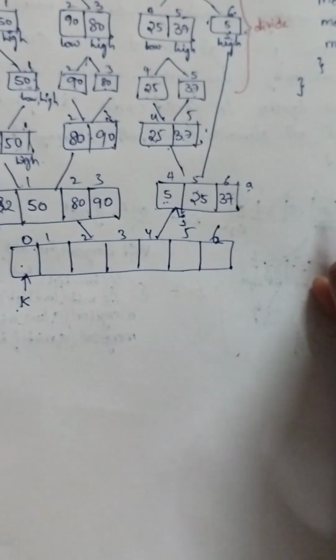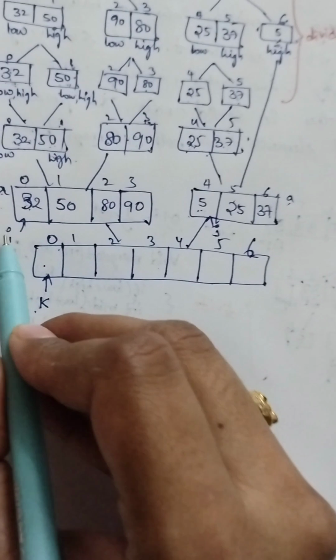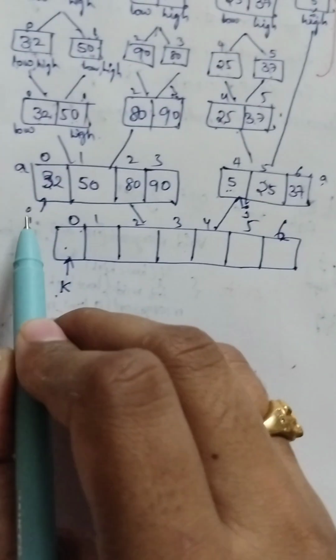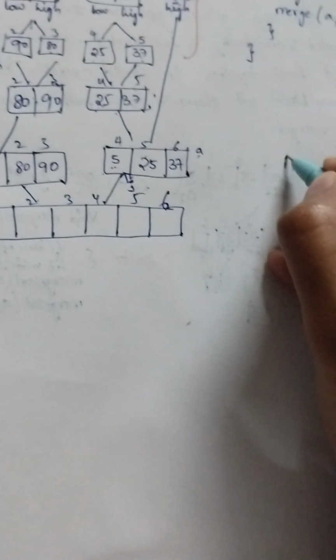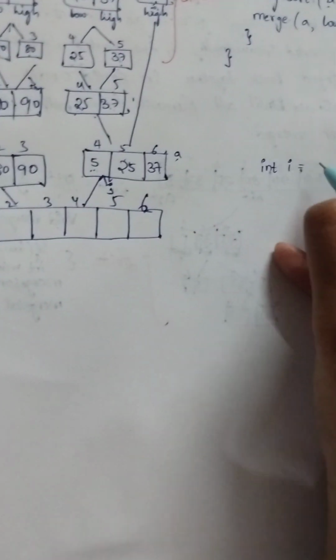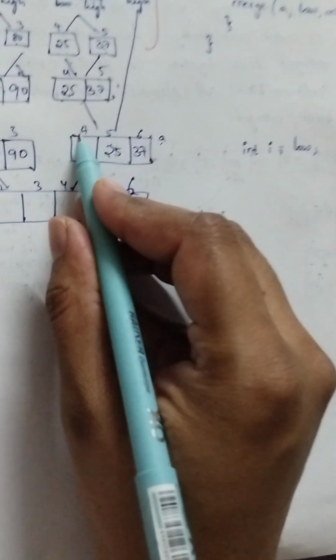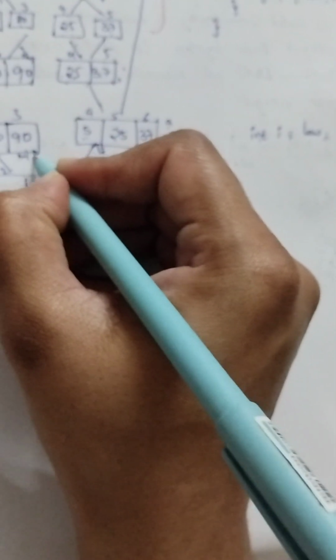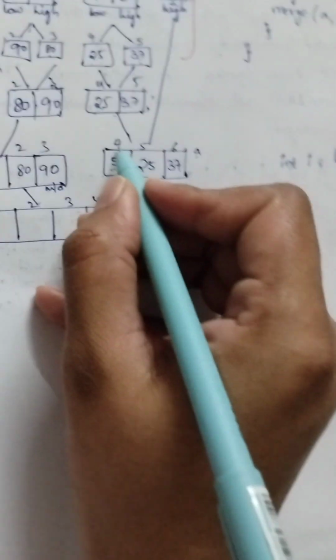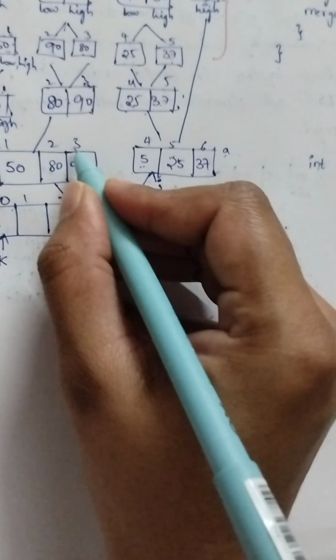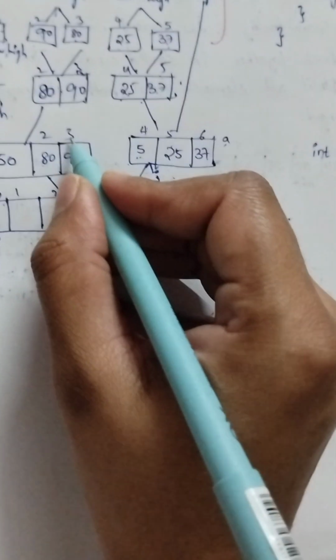Okay, so here how are we going to give? I is holding the low index. So int I is equal to low, and what is J holding? 4. How are we going to get this 4? Mid plus 1. What is the mid value here? 3, right?